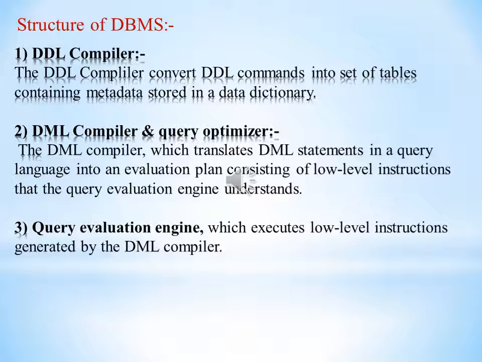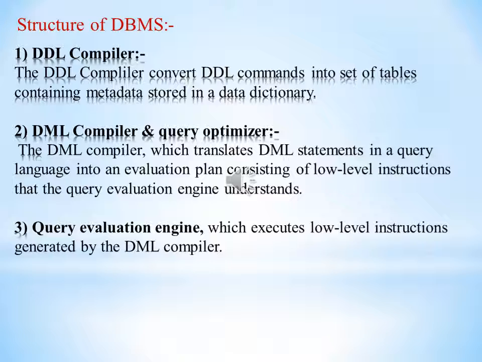Next is the DML compiler. The DML commands such as retrieve, insert, update, delete, etc. from the application programs are sent to the DML compiler for compilation. It converts these commands into object code for understanding by the database.